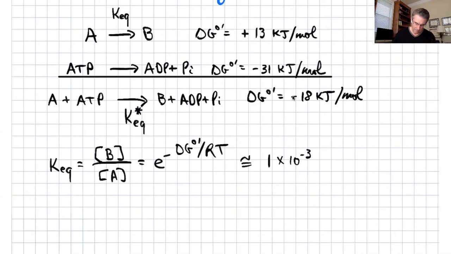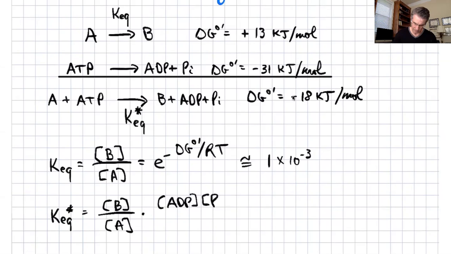Okay. But that overall equilibrium constant, that KEQ prime, is now going to be the concentration of B, concentration of A, times the concentration of ADP times the concentration of inorganic phosphate divided by the concentration of ATP.